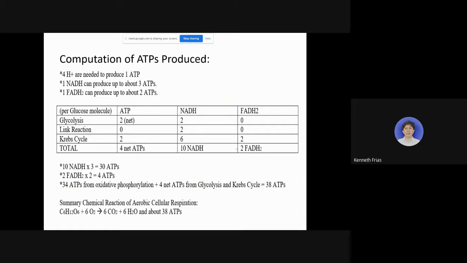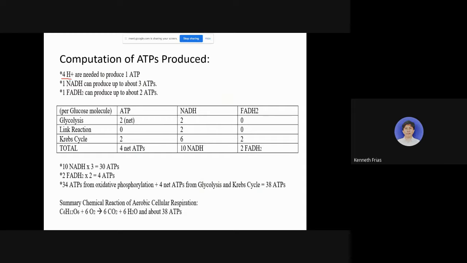Now, how is that computed? So there are different literatures available, but we have this as an example. So how is that computation of ATPs carried out, and how did they figure out the number of ATPs produced in ETC, or electron transport chain? So based on experiments or studies by researchers, they have computed that about four hydrogen ions.